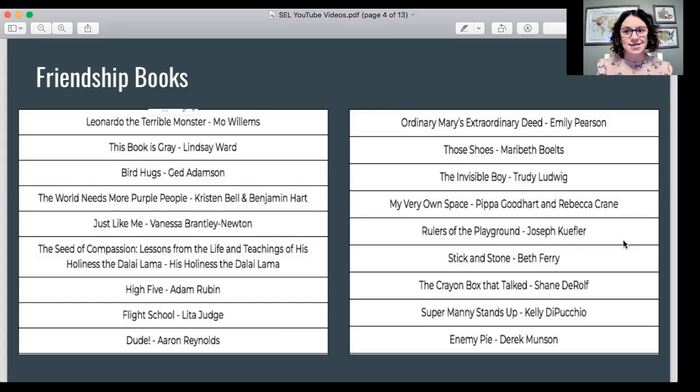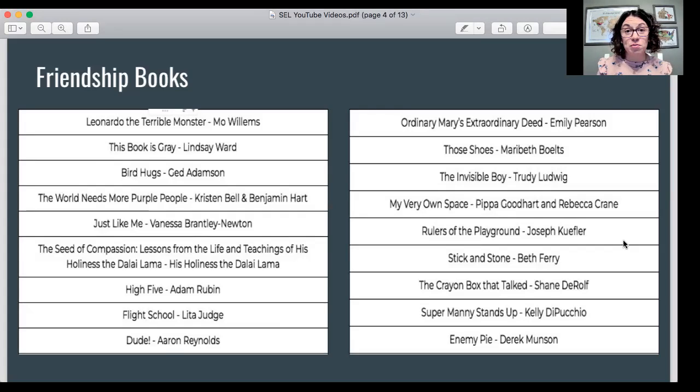Mo Willems has to make the list in my house, though. Leonardo the Terrible Monster. It's not one of the Elephant and Piggie or Pigeon books that we're used to, but this is another great book by Mo Willems to use for friendship. Ordinary Mary's Extraordinary Deed, Those Shoes, The Invisible Boy. These are all great ones.